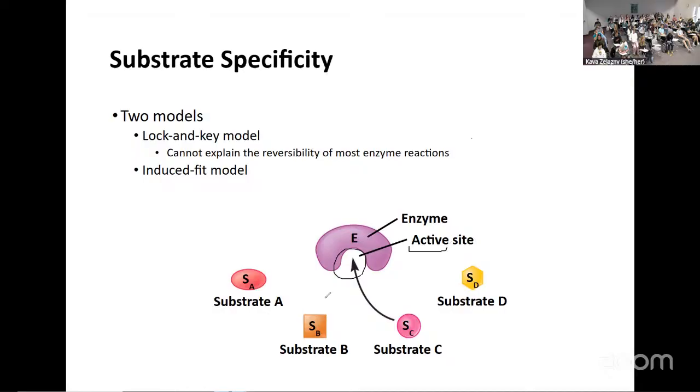Now, in this lock and key model, what we're saying is that that active site, that pocket, is not this little circle shape by accident, right? That circle shape fits like a lock with a substrate that's key shaped, so one that fits nicely into that pocket. So they're the same shape, they're attracted to each other. We'll see in a minute the word affinity, so I'll just mention it now.